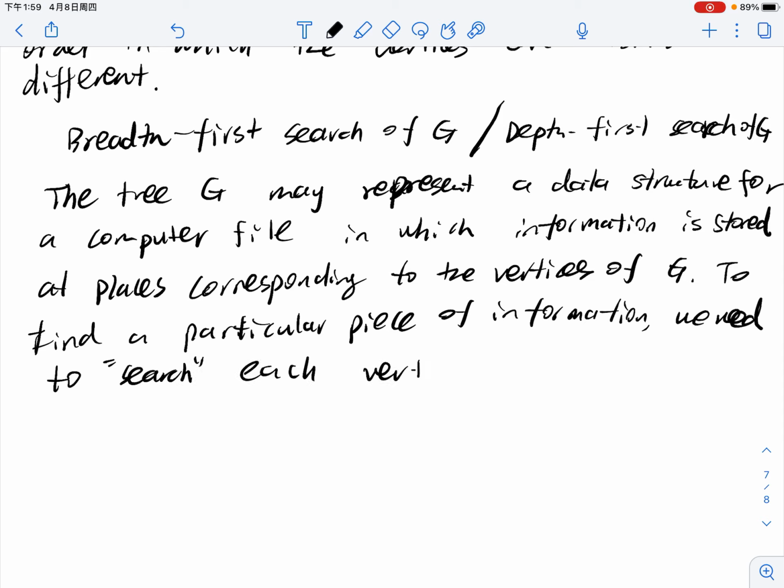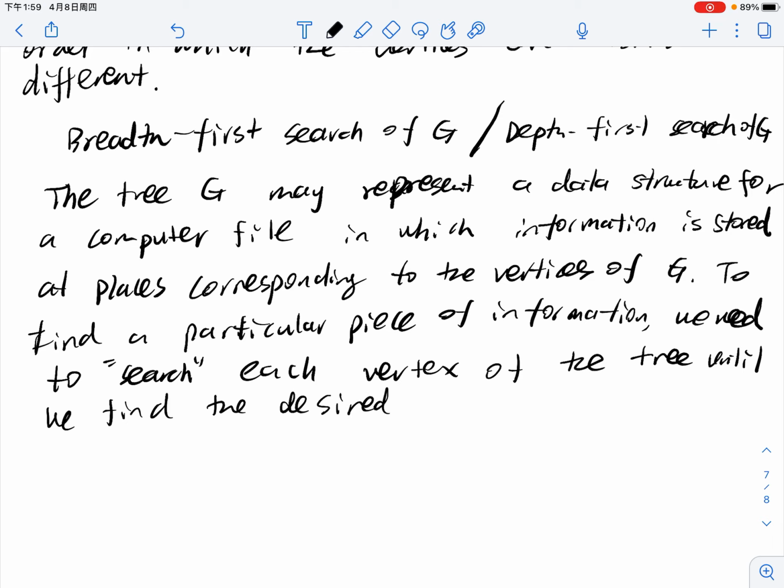We need to search each vertex of the tree until we find the desired information.